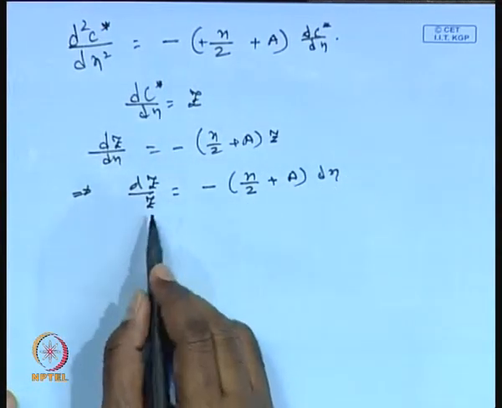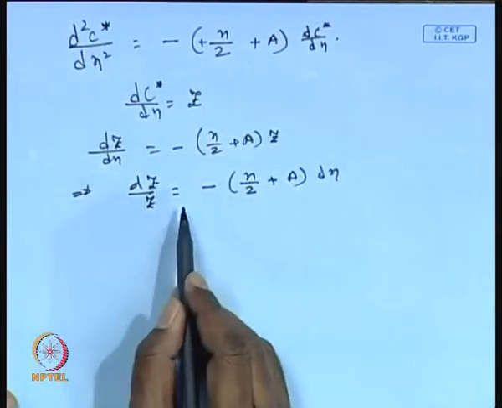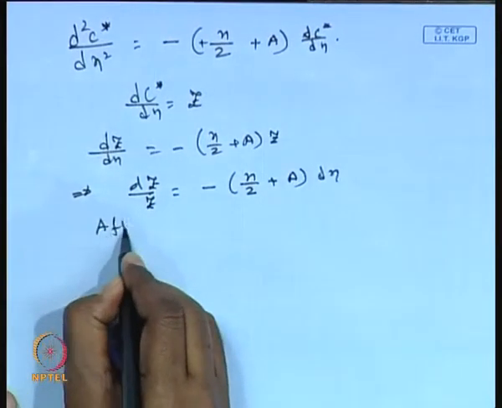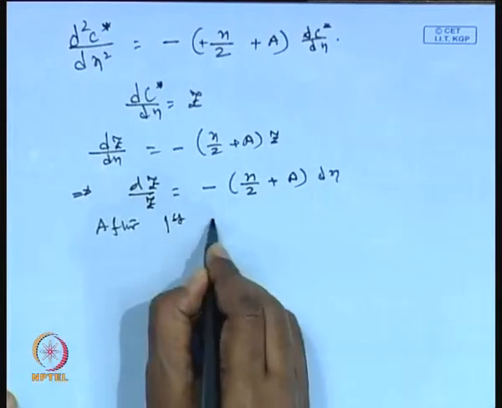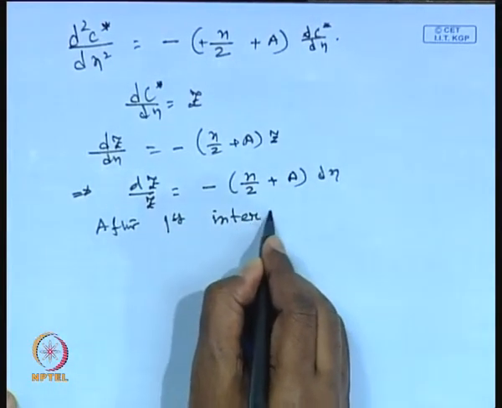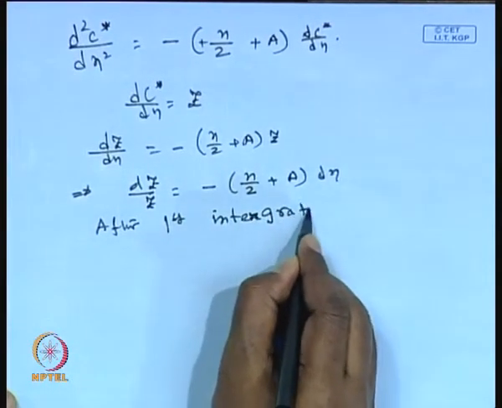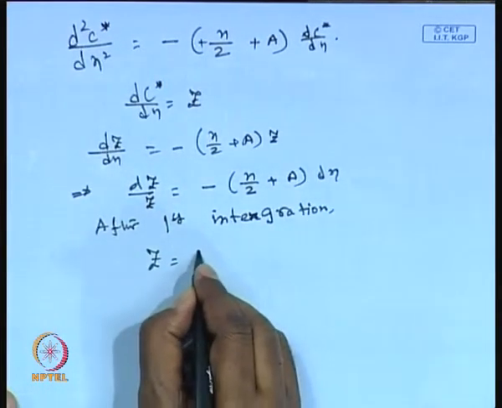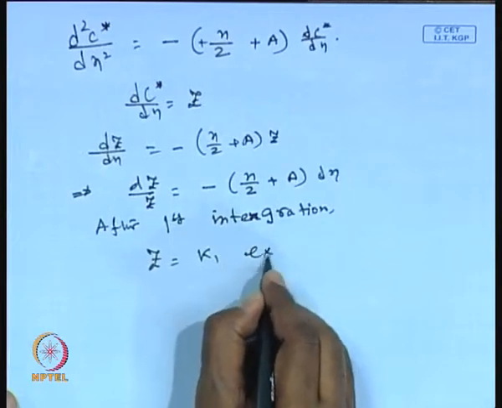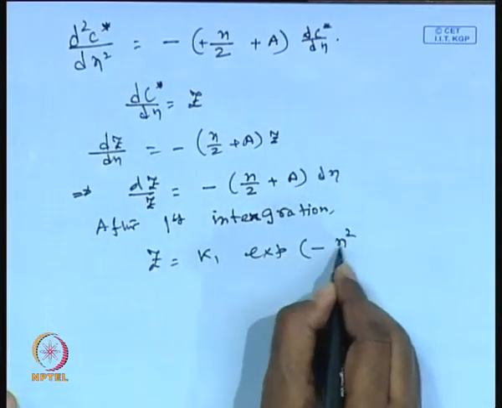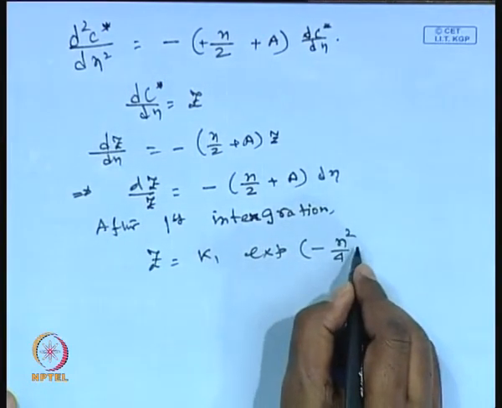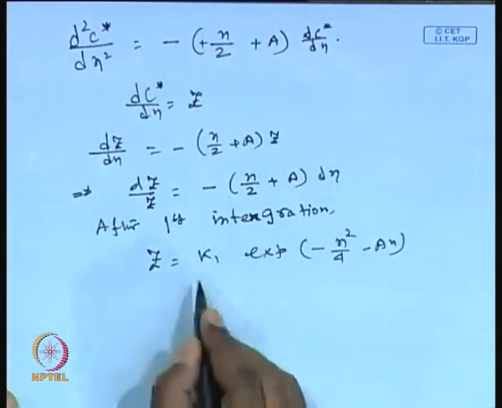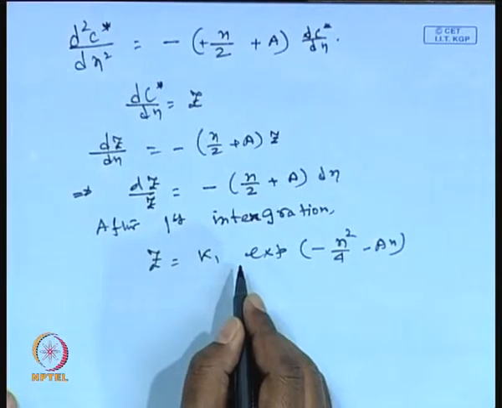The first integration gives ln z, and after the first integration you get z equal to k1 exponential minus eta square by 4 minus A eta. Here k1 is the first constant of integration.